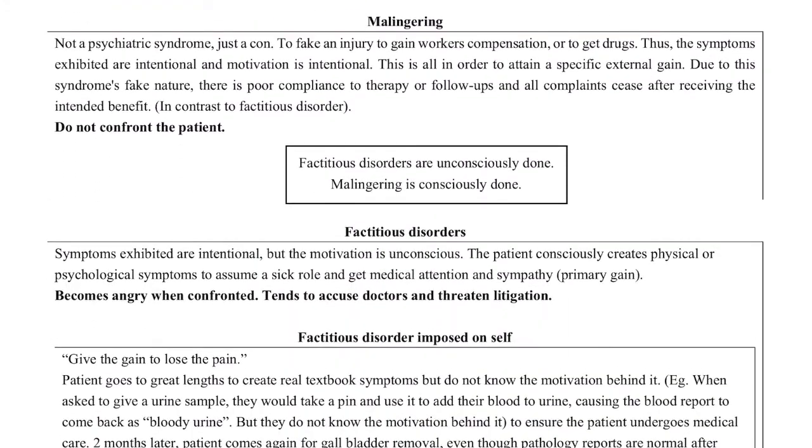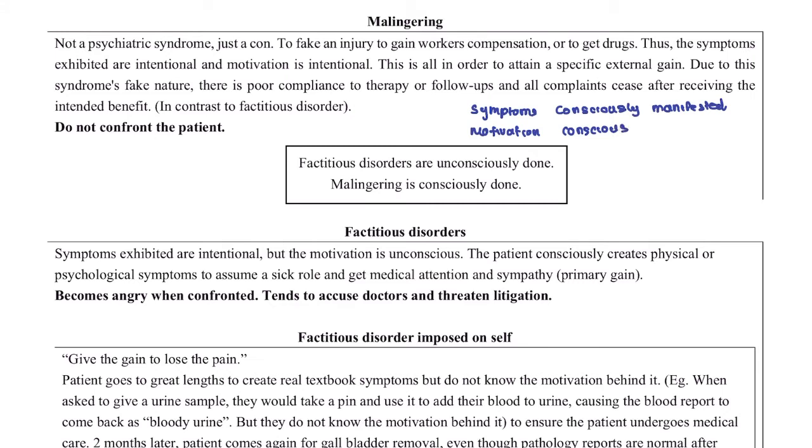Next, we have something called malingering. This is for personal gain. Symptoms are consciously manifested. Motivation is also conscious.